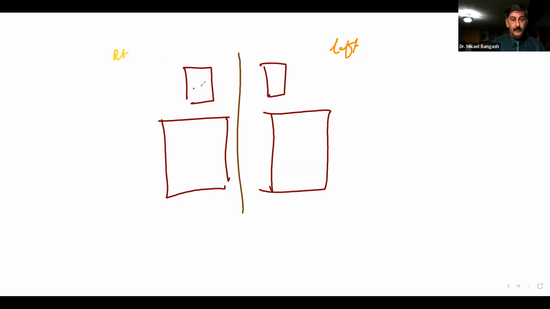these two small rooms here on the top go under a common name. Likewise, these two big rooms here at the bottom have a common name.